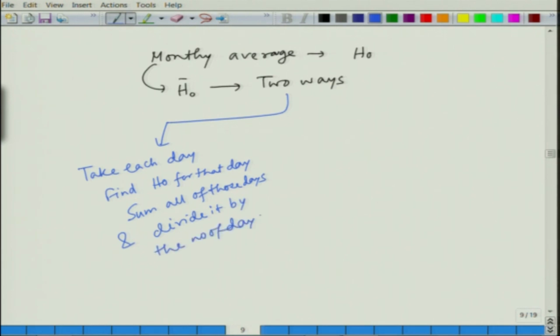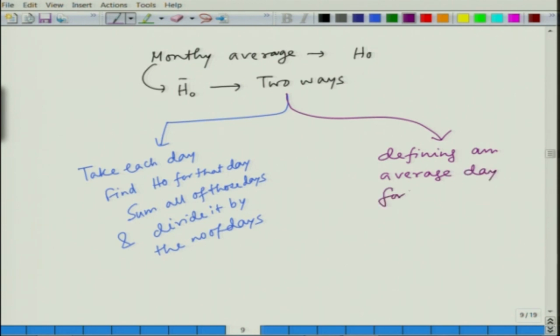Okay. That is the most common way to do it, but there is one more little sophisticated way to do it, is by defining an average day for each month. What do you mean by that?